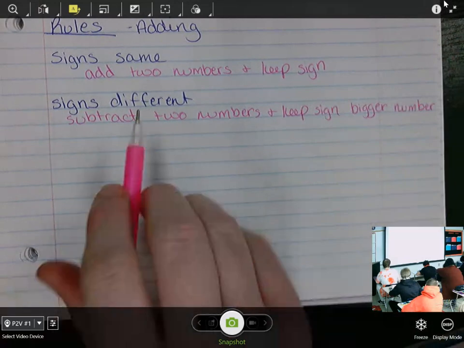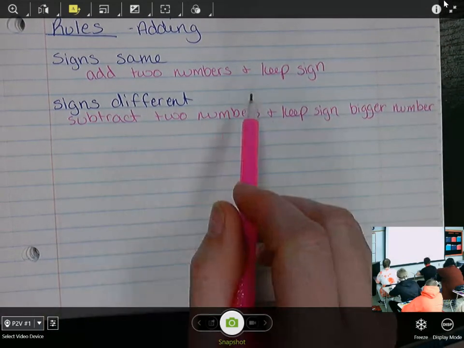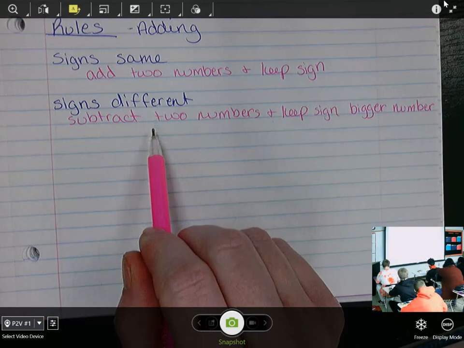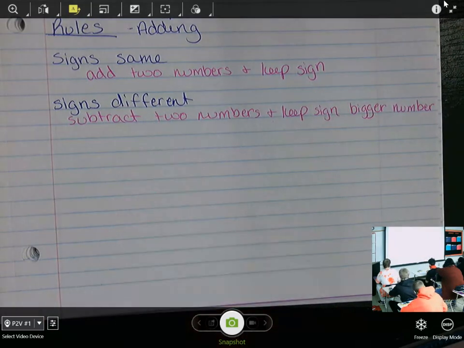So if the signs are the same, you add them and keep the sign the same. If the signs are different, you subtract the two numbers and keep the sign of the bigger number.